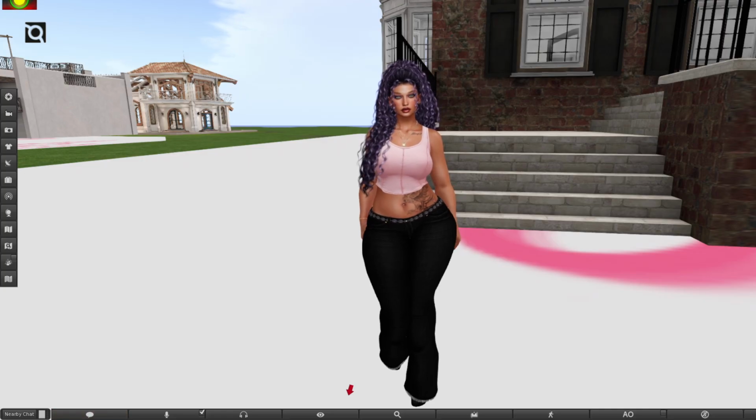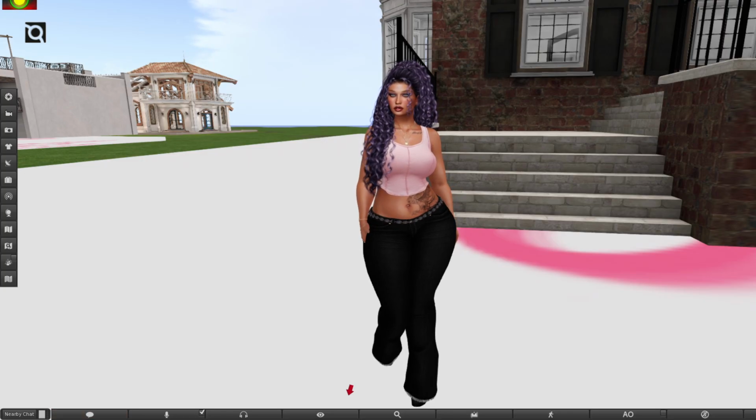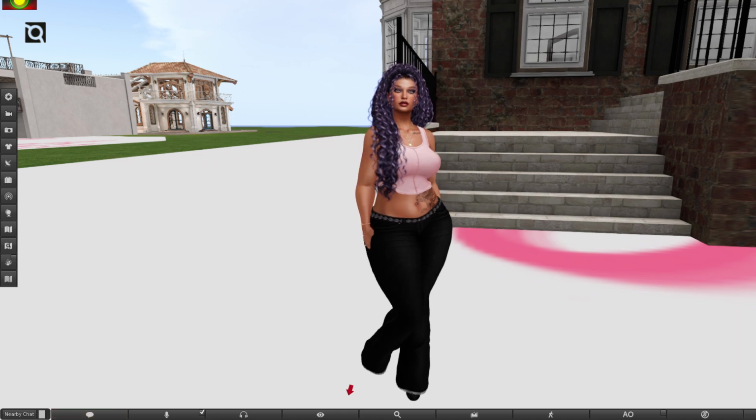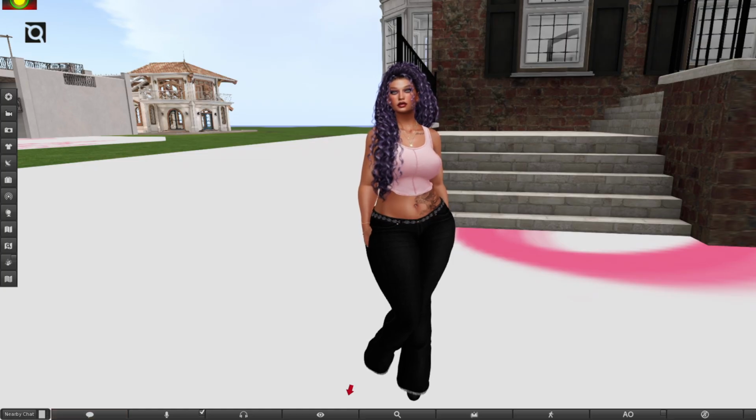By that land use fees chart. Or you can rent, just not deal with Linden Lab, and you can rent from another resident who has already bought the land and is just renting it out to you, and that's your landlord that you pay. And then you don't have to worry about tier, you don't have to worry about any of that because you don't own the land, you're just renting it from the landlord.